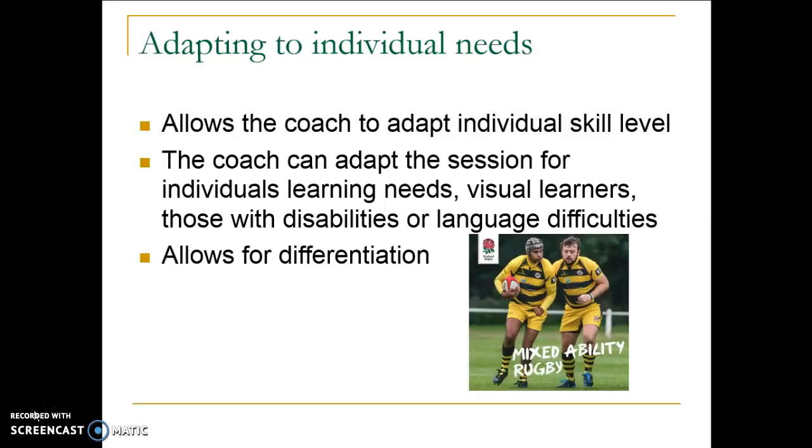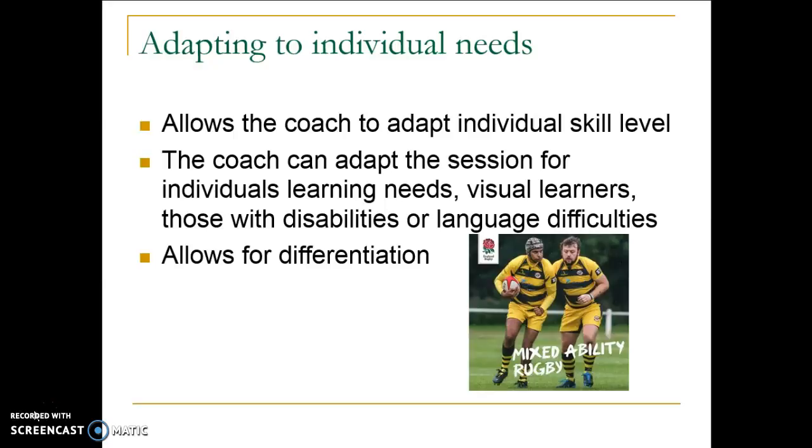The sessions can adapt so they can obviously help people with learning difficulties, visual learners, if they need a little bit of perhaps one-to-one, then the individual needs allows this. Disabilities and possibly language difficulties as well.